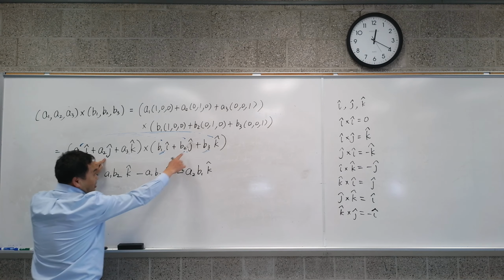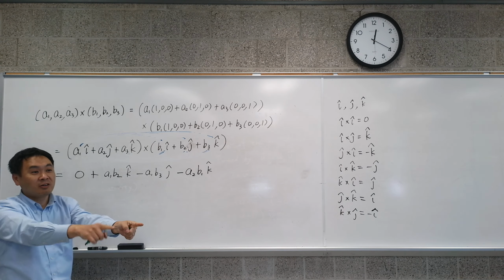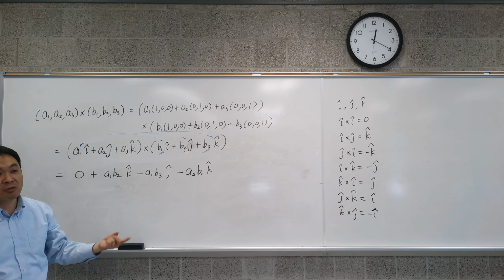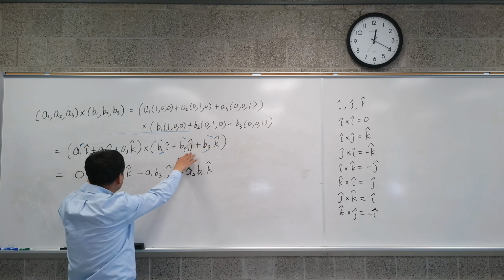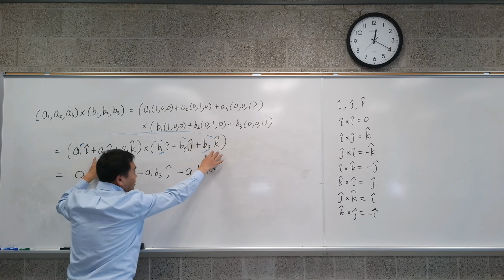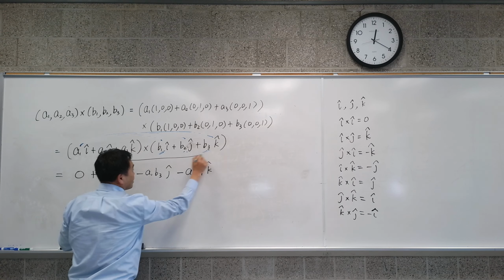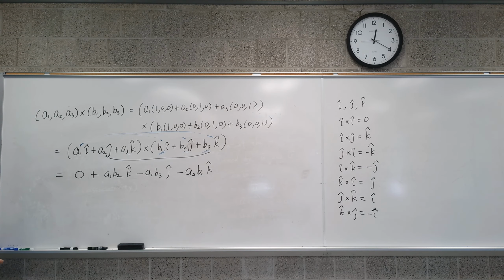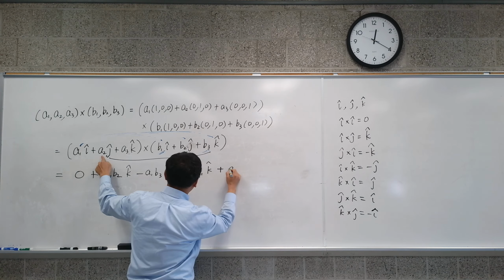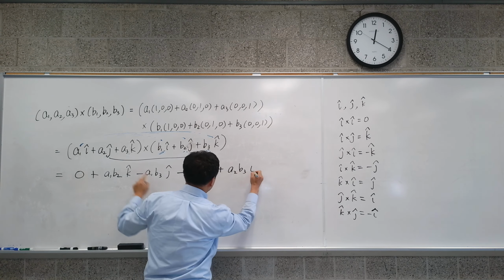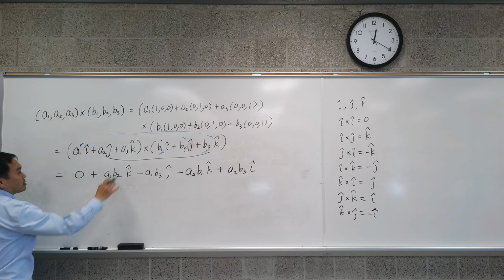Okay, and JJ, what do you get? 0. Anytime you have the same direction, the angle between them is 0, sine 0, so you get 0. Anytime you have 2 vectors in the same direction, it's 0, okay? And then JK. What does this give you? JKI. So it's going to be plus A2B3I. Okay. Then KI.